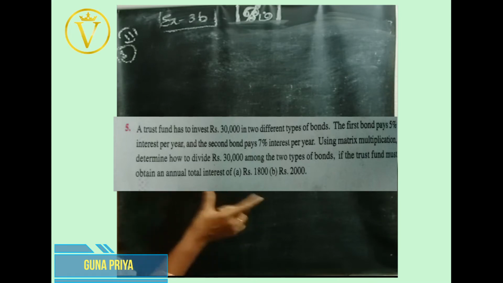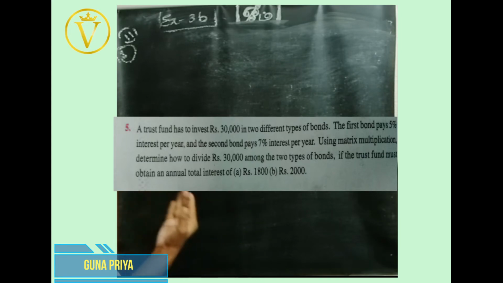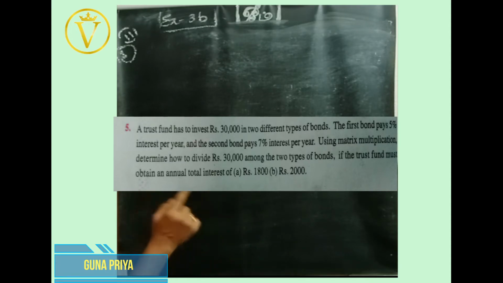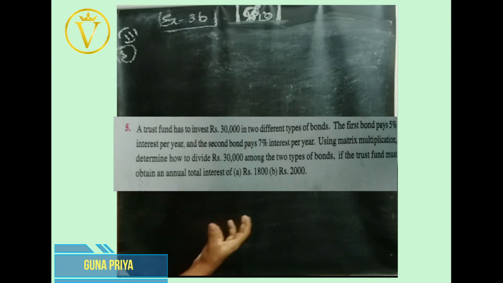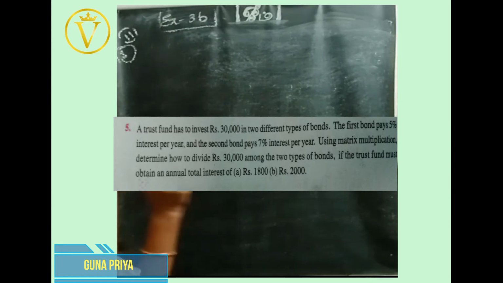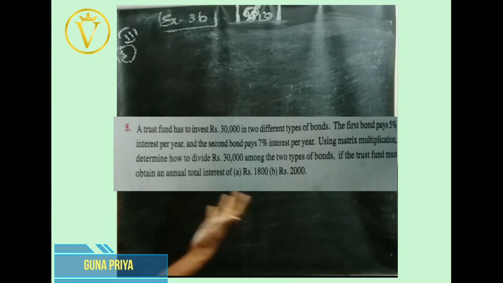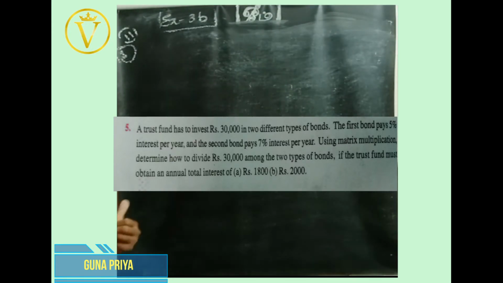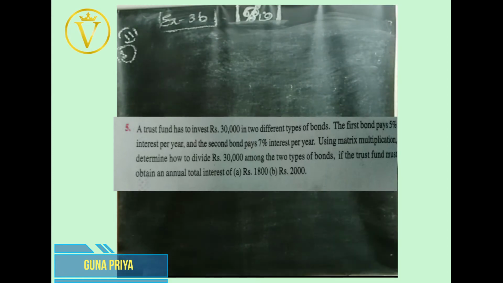Using matrix multiplication, determine how to divide the rupees 30,000 among the two types of bonds if the trust fund must obtain a total annual interest. They have given two values: first one is 1800 and second one is 2000. So we have to solve it.